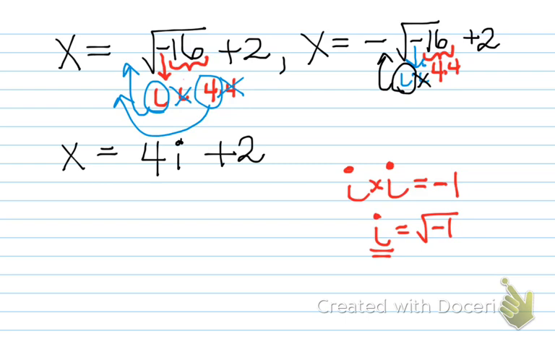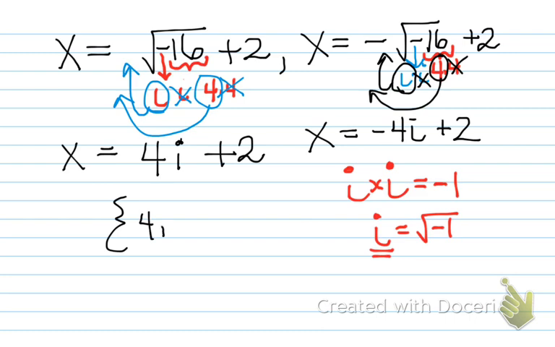The 4 comes outside, and the other 4 disappears. So the second x will equal -4i. Remember, there was a negative to begin with. And we have +2. Therefore, our solution set is 4i plus 2, comma, -4i plus 2. And there's our solution set.